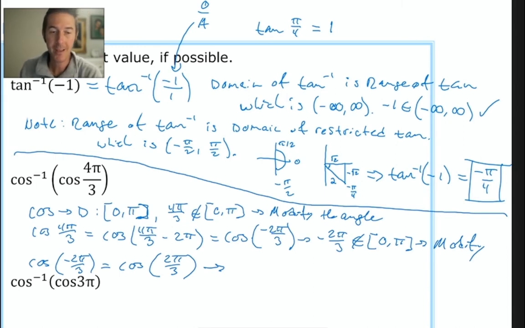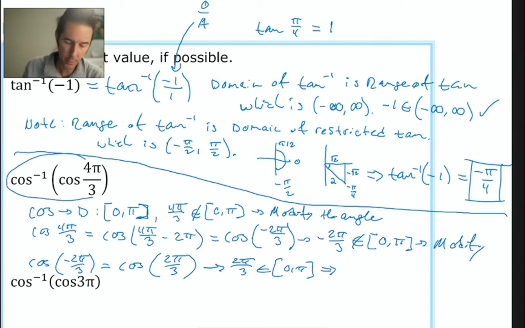2π/3 is in the domain, is a member of [0, π]. That needs to be a square bracket. Therefore, you can write all of it out again.